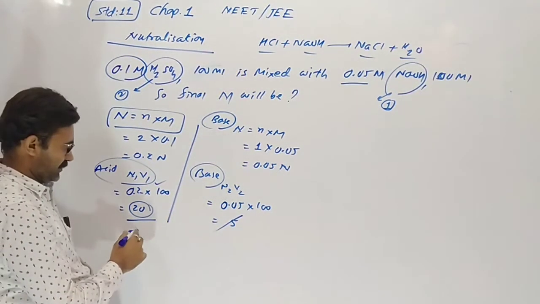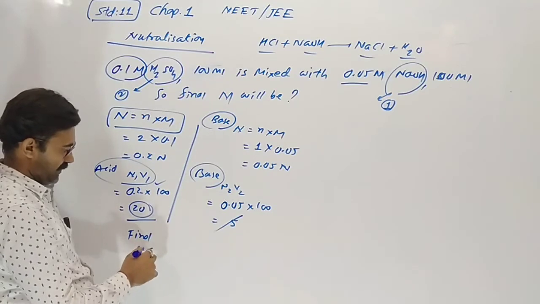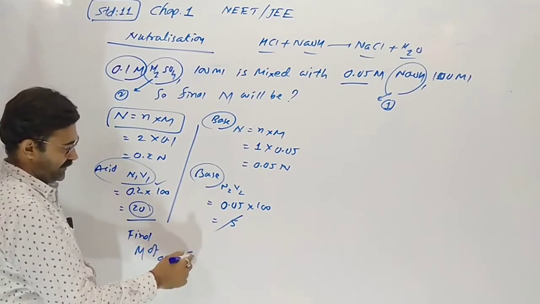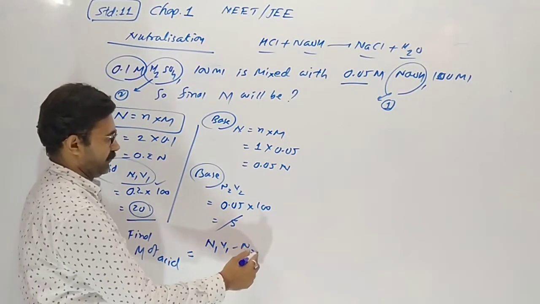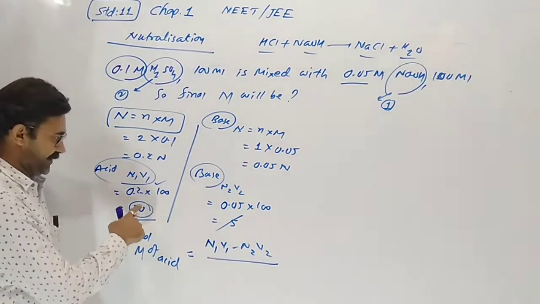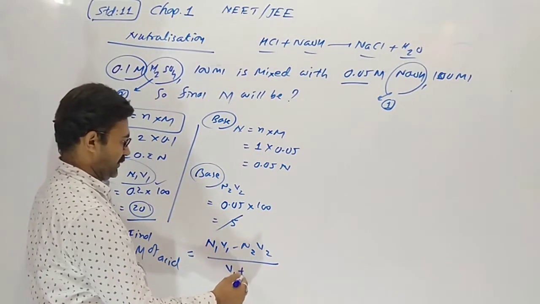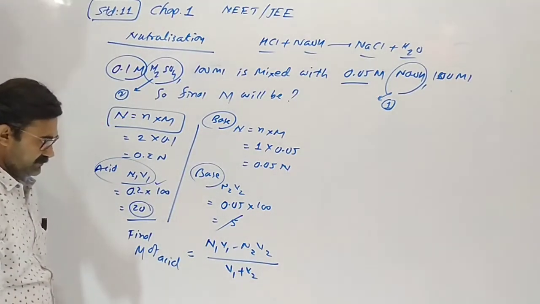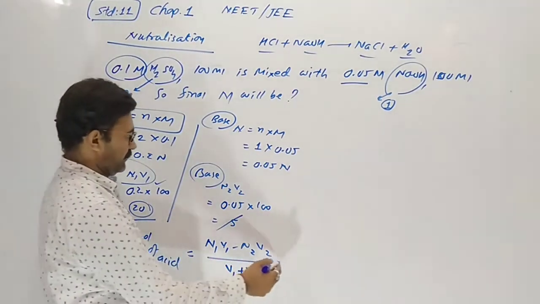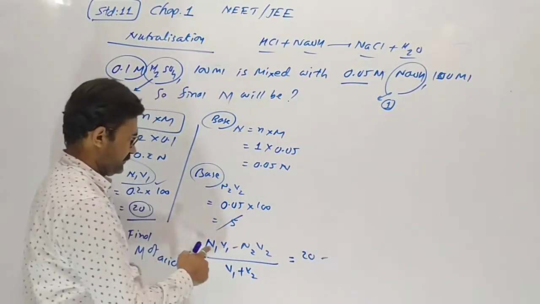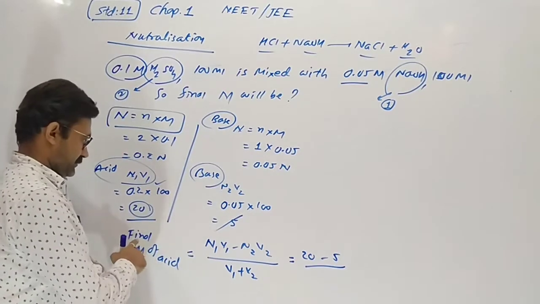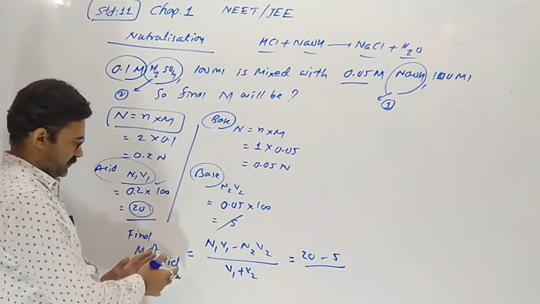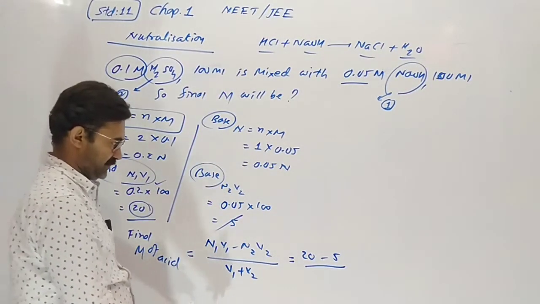So the final normality of the acid: the higher value minus the lower value, upon total volume. The higher value N1V1 is 20, N2V2 is 5. If base were more, the final normality would be of the base.